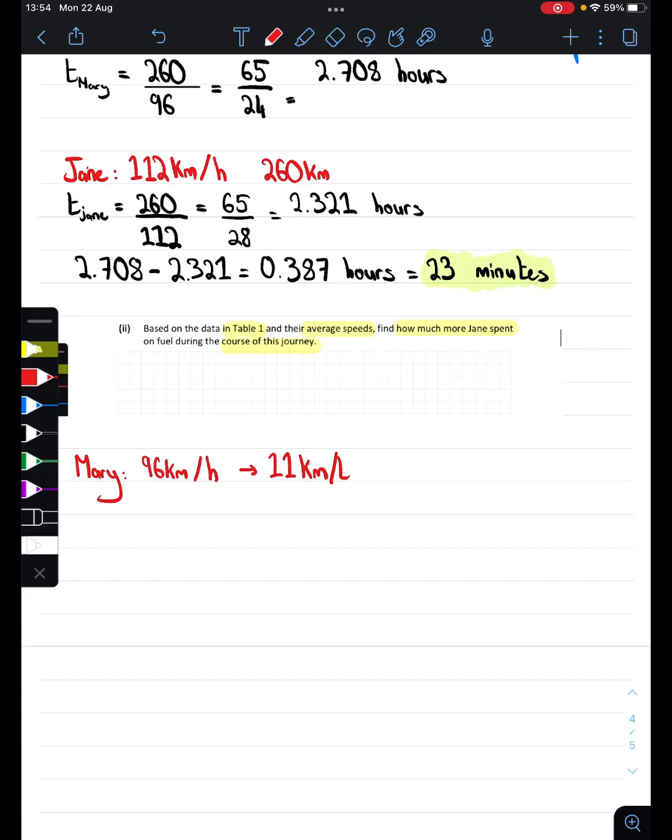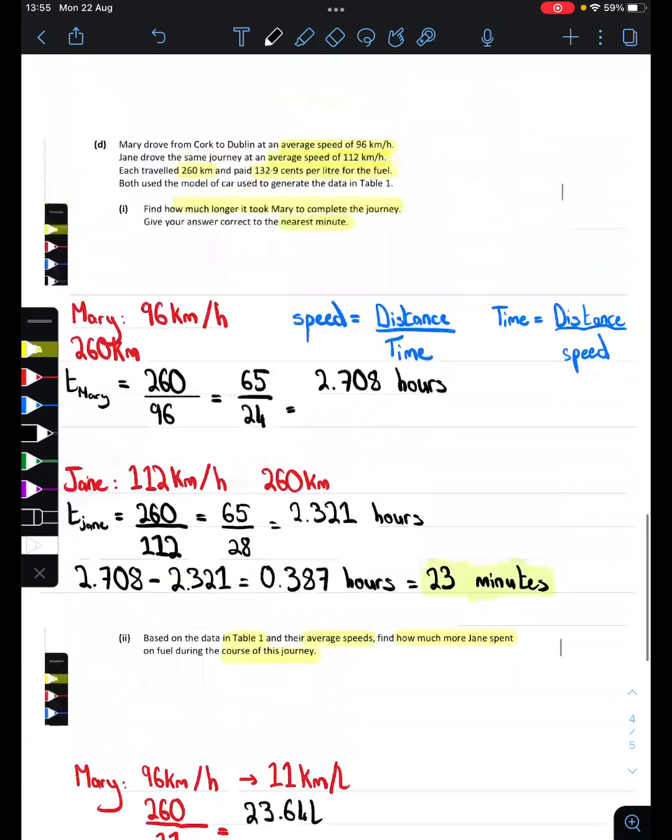Okay, so she was using 11 kilometers per liter. And so the journey was 260 kilometers. So how many liters did she use? Well, 260 over 11 is equal to 23.64 liters. So she used 23.64 liters.